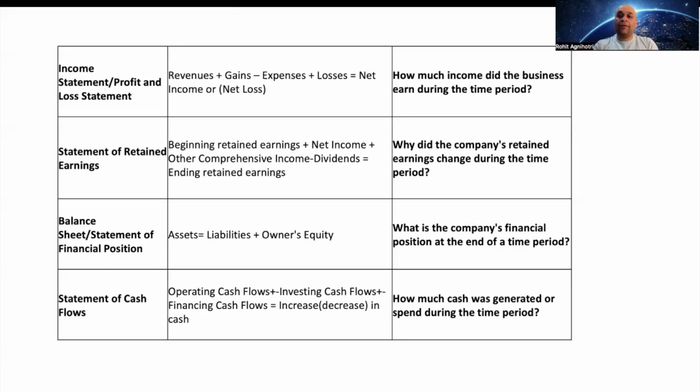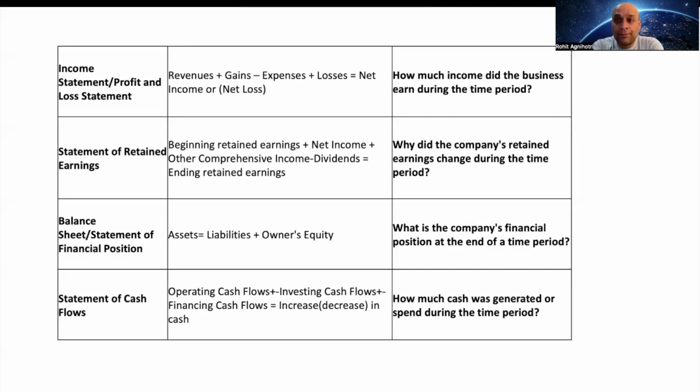So for example, if you're talking about the entire year, we'll talk about January 1st till December 31st in the profit and loss statement and statement of retained earnings. But when we talk about the balance sheet, we will only talk about a specific point of time because the information contained in the balance sheet can always change.